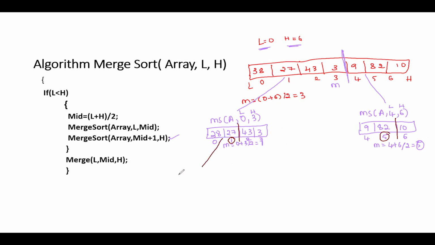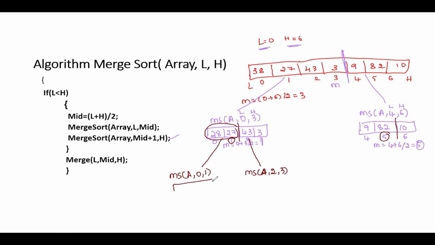Now once again, I'm going to call the function merge sort of array. Remember, I'm only talking about this part, which means the lower value and mid is 1. And this part is going to be divided as merge sort of array, mid plus 1, which is 2, comma, upper value.